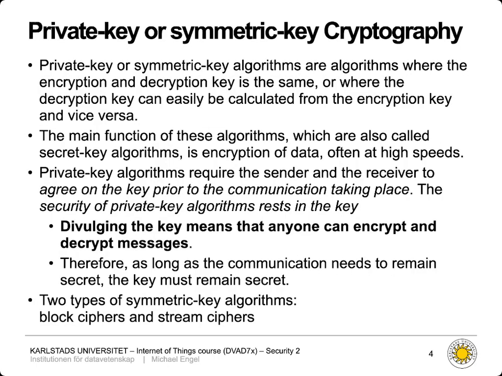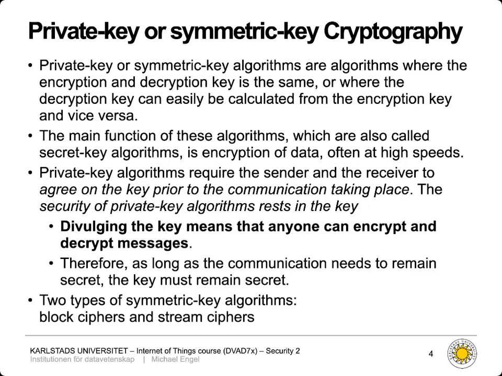So when we talk about cryptography, we need to differentiate between two general approaches. One is private key cryptography. This is also called symmetric key cryptography, where we are using symmetric key algorithms. These are cryptography algorithms where the encryption and the decryption are performed with the same key, or there are also versions where the decryption key can be very easily calculated from the encryption key and the other way around.